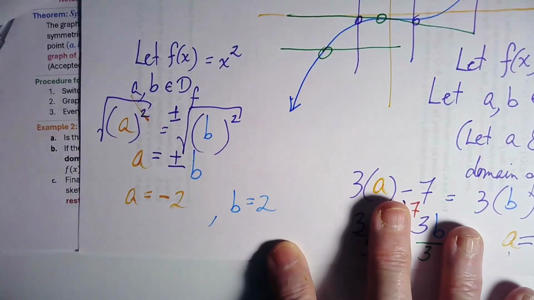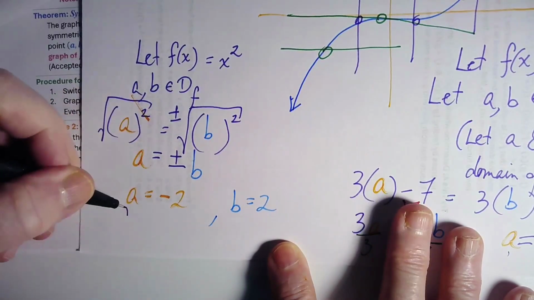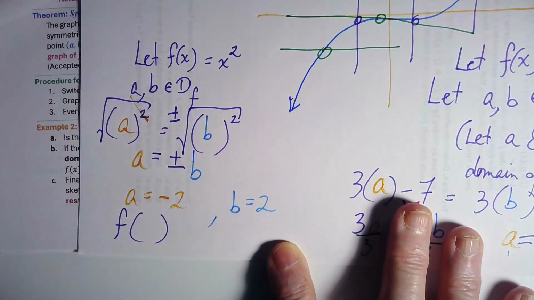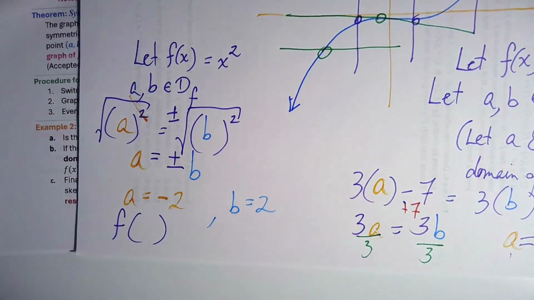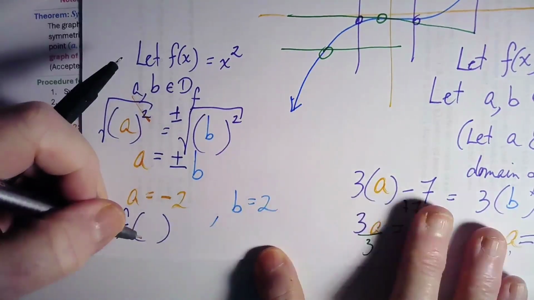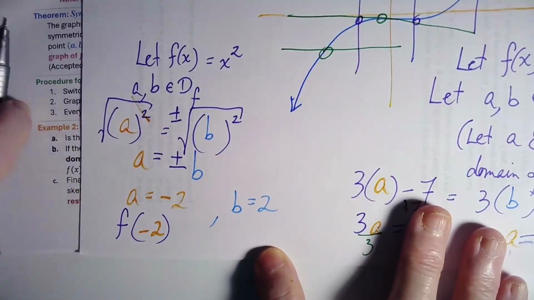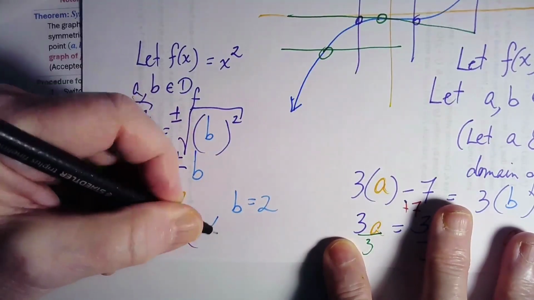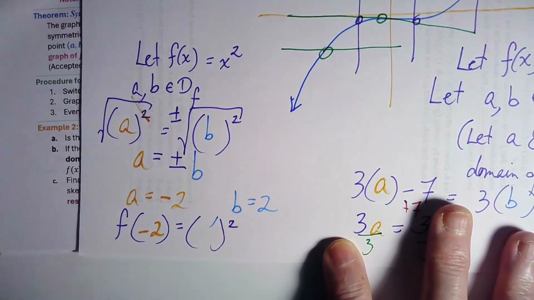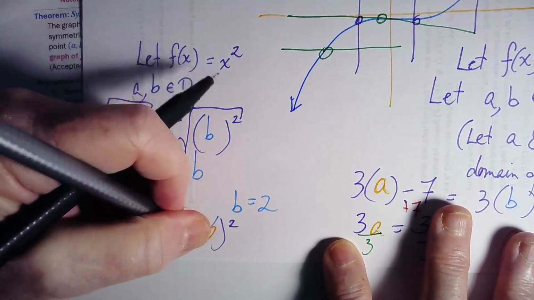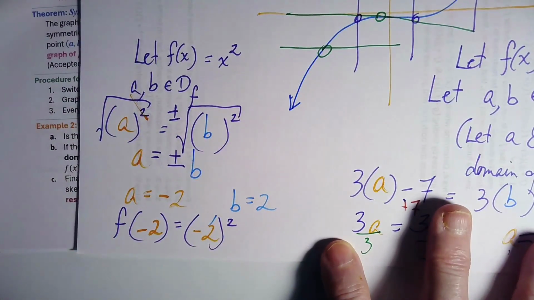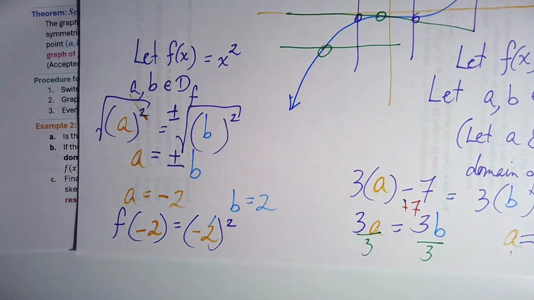What is f of -2 if f of x is x squared? In other words, what is -2 squared? 4.